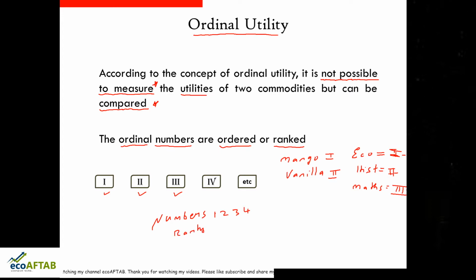What is the rank? We say first, second, third, fourth, etc. So this is the basic difference between cardinal utility and ordinal utility. Now who followed cardinal utility and who gave emphasis to ordinal utility? Let us see in our next slide.